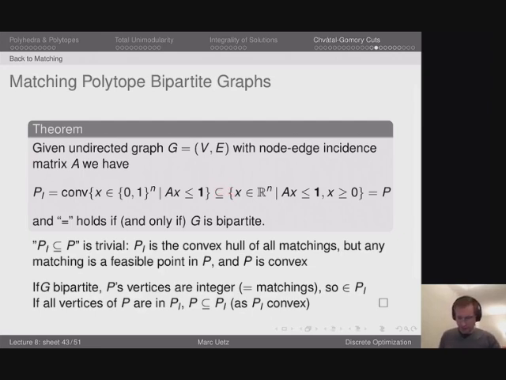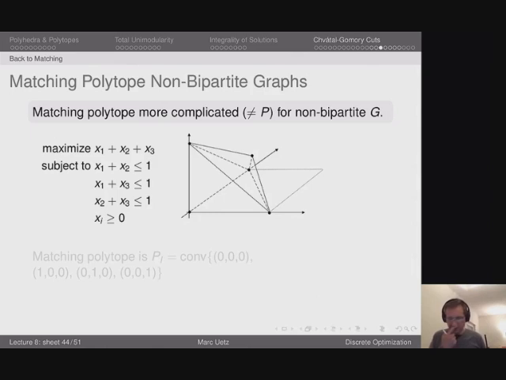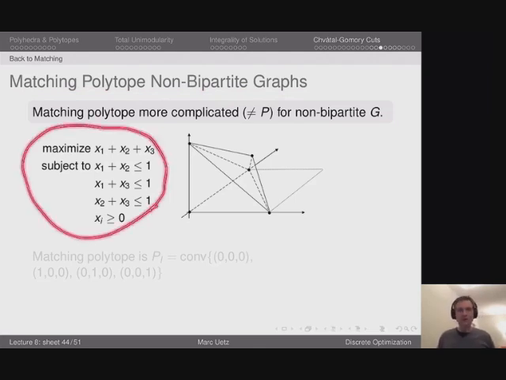About the only if, this is actually a strict containment for non-bipartite graphs. We had an example of that already at least twice. So here is the example once more. Let's look at the matching polytope for non-bipartite graphs. Here is again the example, which consists of a triangle graph, so three vertices all connected by edges.